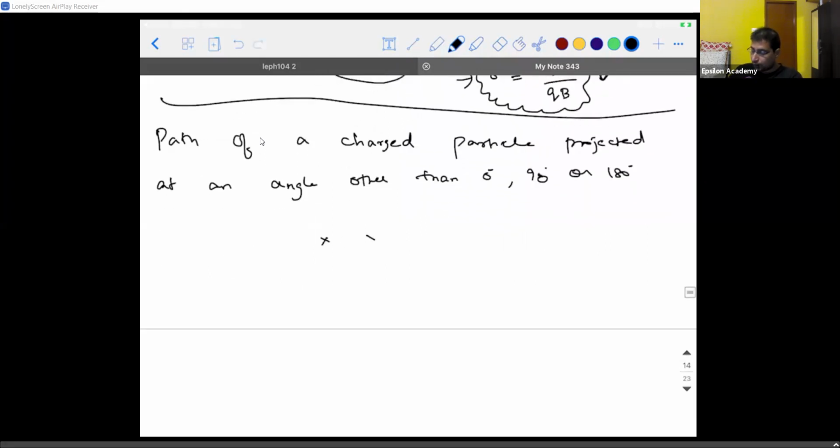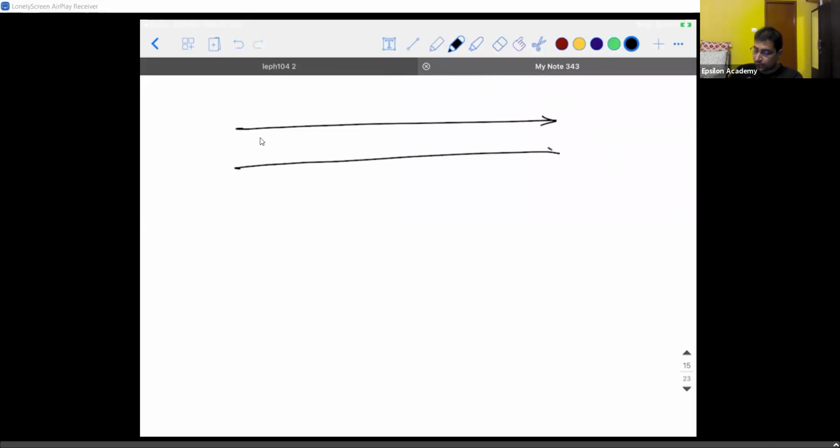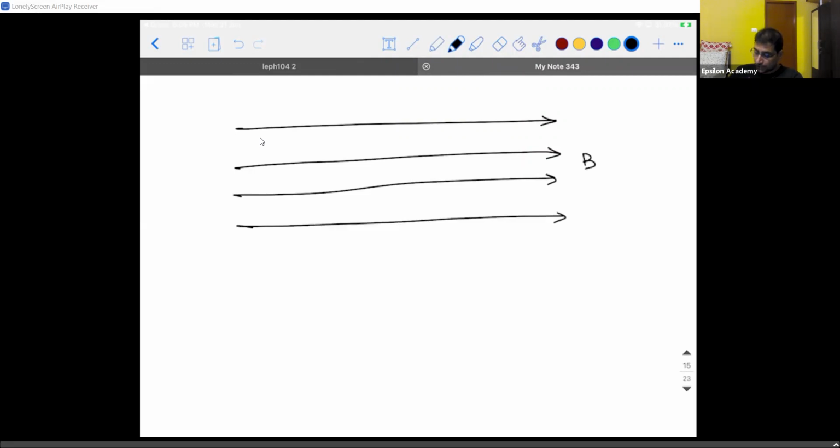Let's say there is a magnetic field which is into the plane and the particle is projected at an angle theta. Let me make it even more simple. Let's say there is a uniform magnetic field existing like this, and the charged particle is projected at an angle theta.